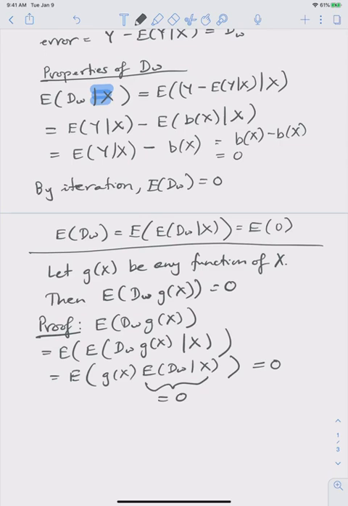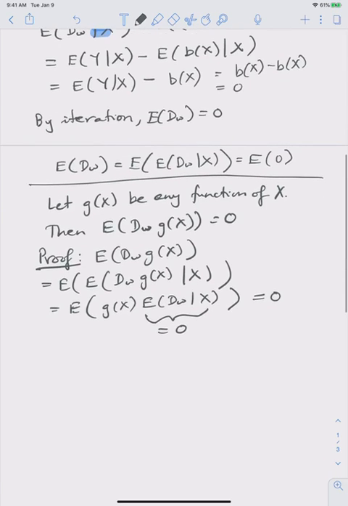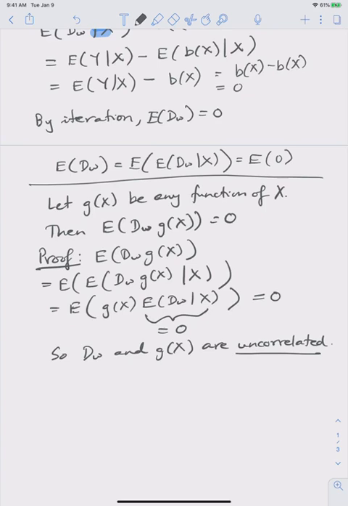Okay, well, that looks like a cute enough calculation, but so what? This means that the error and this arbitrary function of X are uncorrelated. And to show that, we just need to show that the covariance is 0.